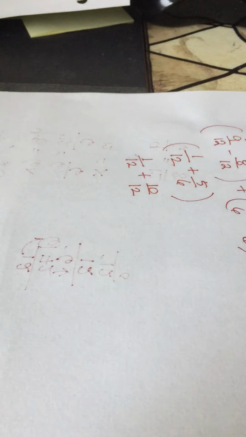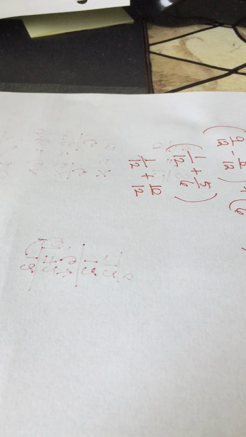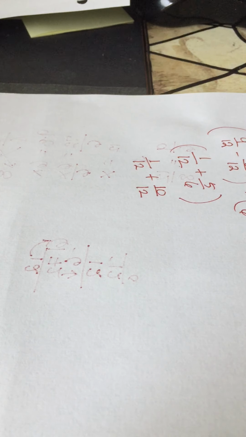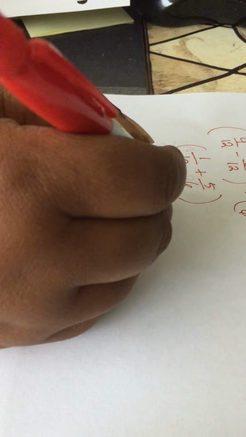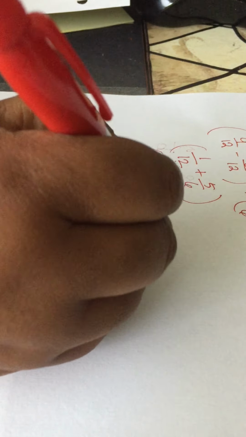So this is equivalent to 10 over 12. Now we have the same denominators, so we can add. 1/12 plus 10/12 is 11/12.